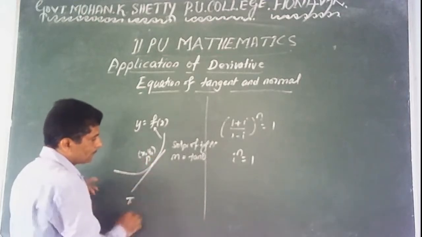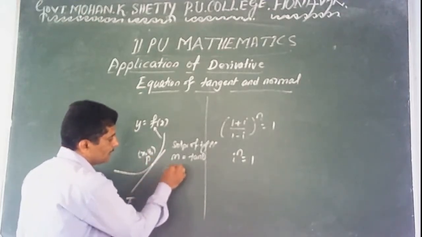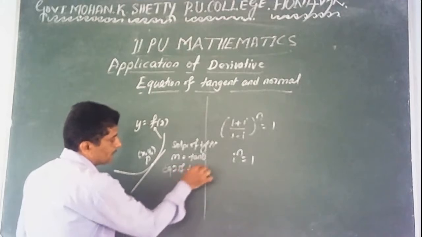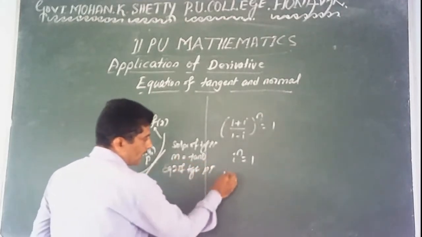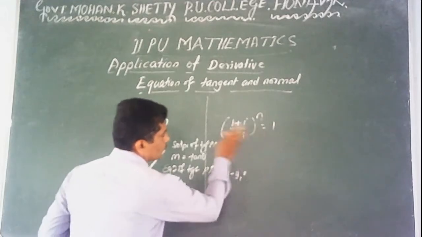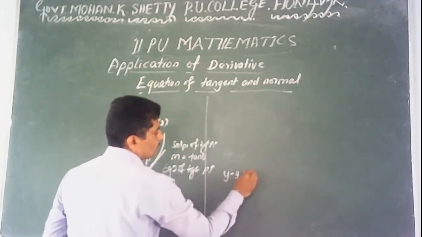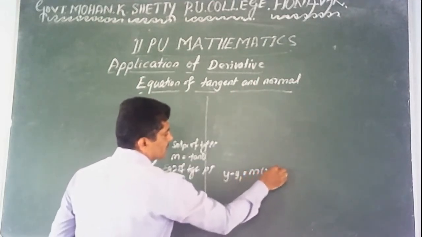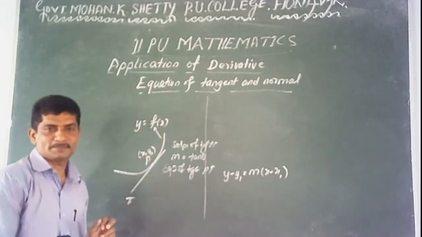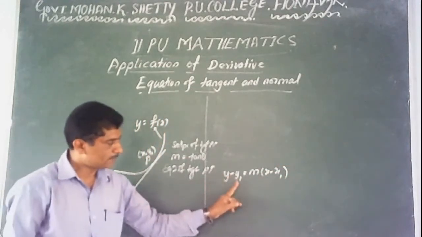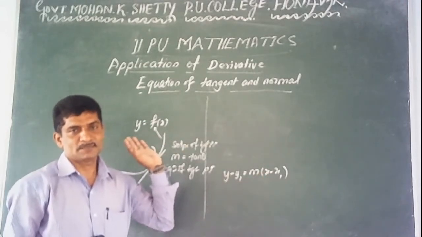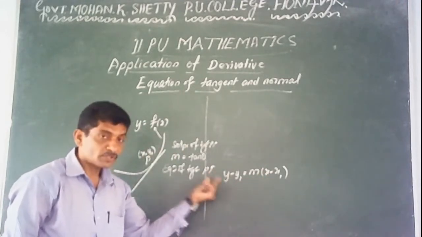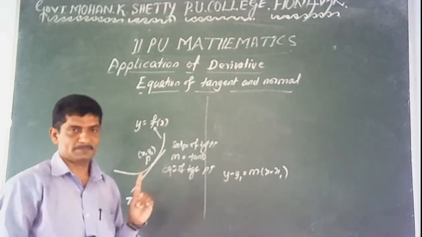Then the equation of tangent PT, in point and slope form, is y minus y1 is equal to m into (x minus x1). This we know. It's clear? This is the equation of tangent PT.